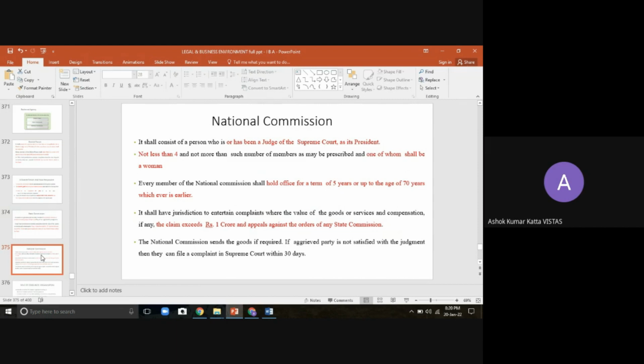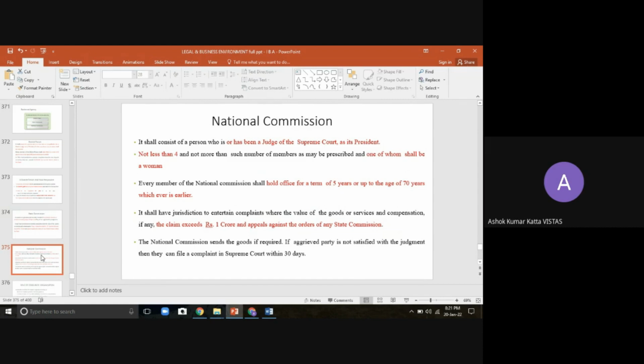So we have seen district level and state level will have only two members. When it comes to the national level, we'll compulsorily have four members. Of these four members, three should be men and one should be a woman, for representation.